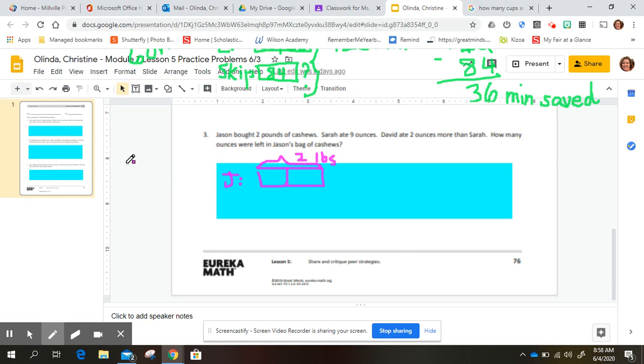All right. I have learned in this week from my conversions that 1 pound is the same as 16 ounces. So if Jason had 2 pounds, it would be a 16 in both boxes. And 16 plus 16 is 32 ounces.